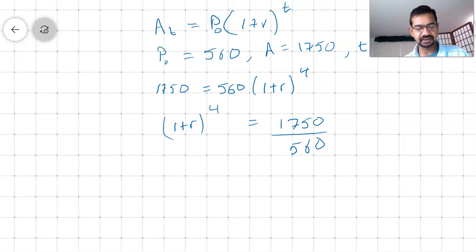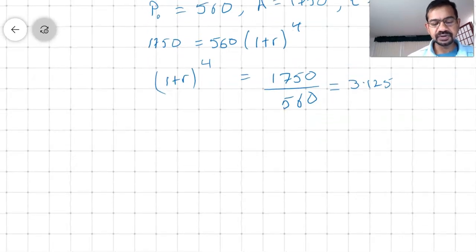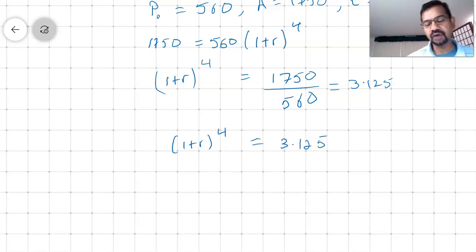Then we can plug this in the calculator and see that this is 3.125. So this boils down to saying that (1 plus r) to the 4th power equals 3.125.